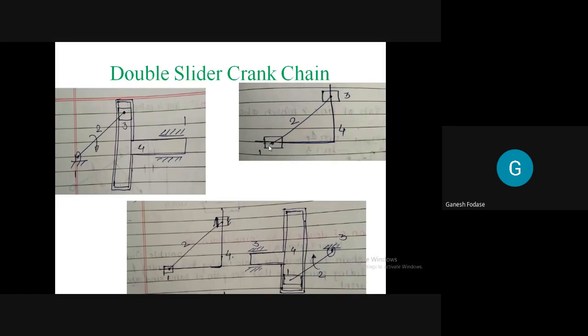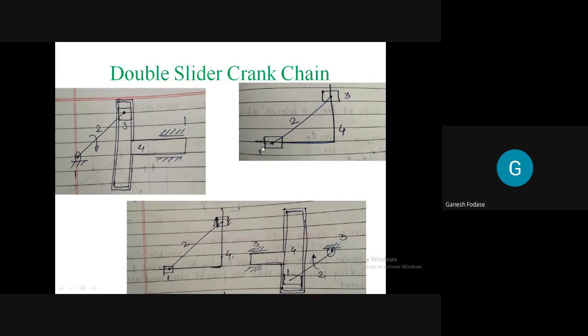Which links form a turning pair with respect to one another? Turning pairs, sliding pairs, we know that, na? Basically link number 4 is a frame or a guide on which link number 3 as well as link number 1 can reciprocate. Try to understand the basic mechanism here.